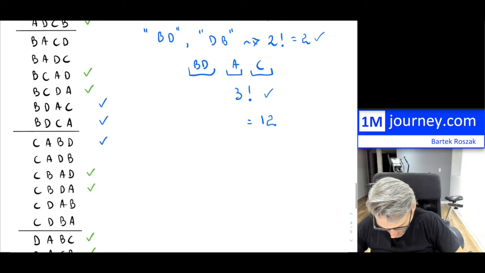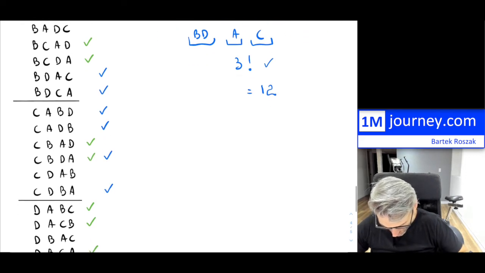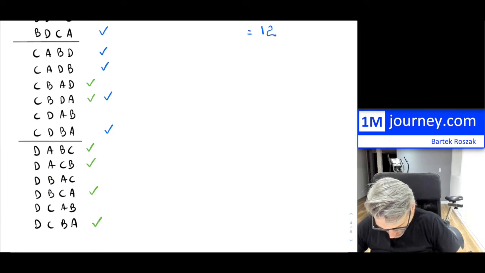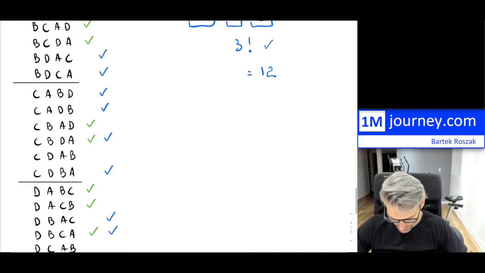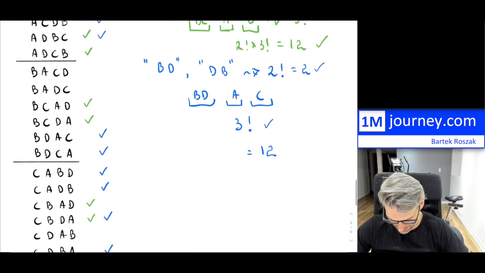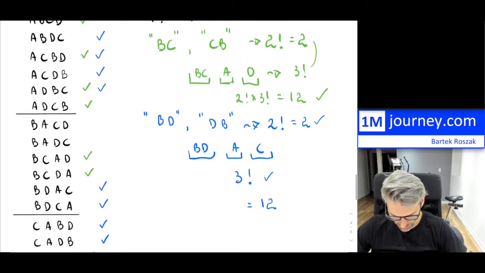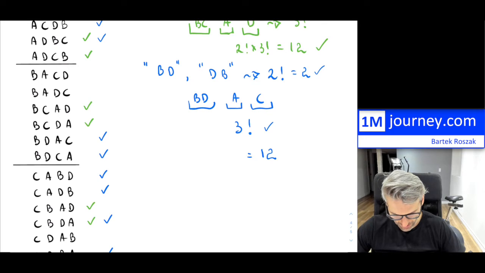So that's right here. B and D, that's right here, and right here. And finally, the last one, B and D, right here. So that's 1, 2, 3, 4, 5, 6, 7, 8, 9, 10, 11, 12. So that's exactly what we wanted.